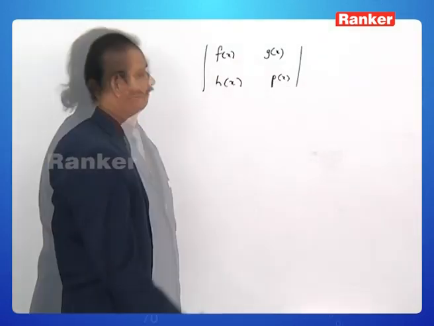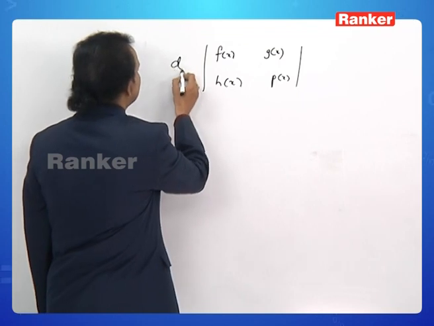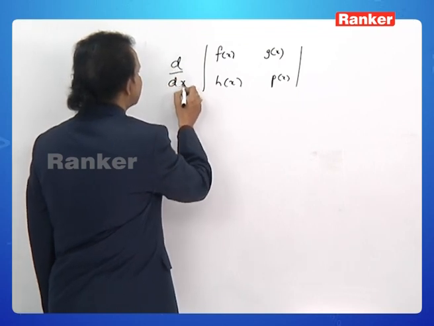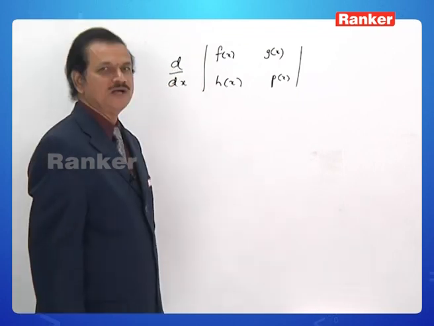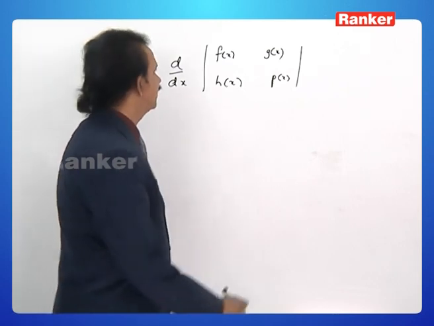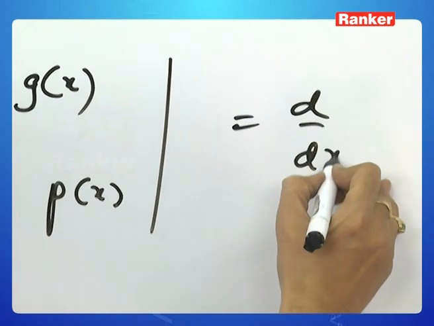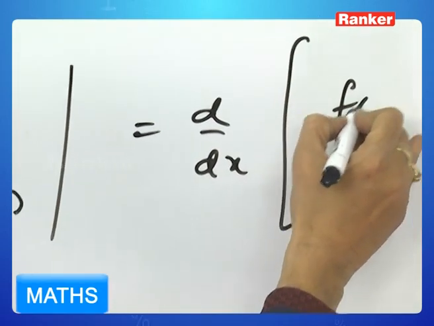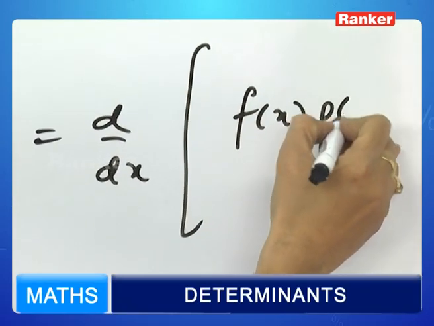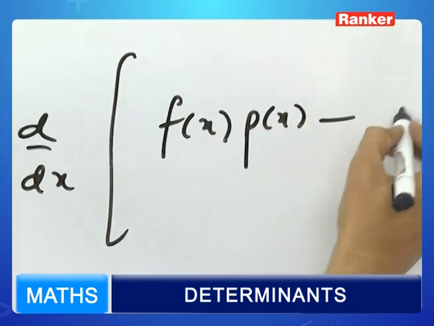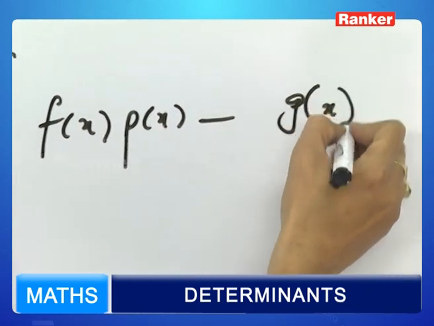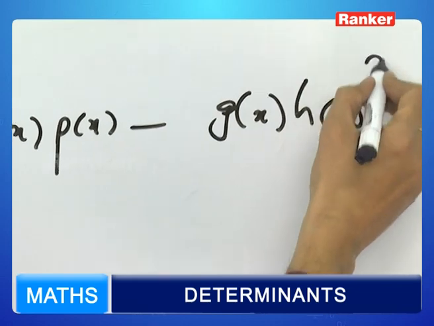There is a determinant. What is the derivative of the determinant? He is asking us how to find it. This is nothing but d by dx of f of x into p of x minus g of x into h of x.